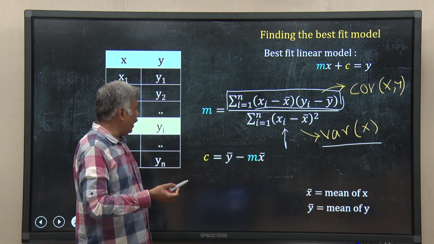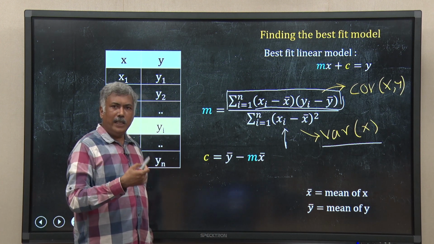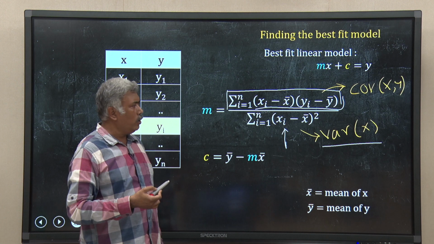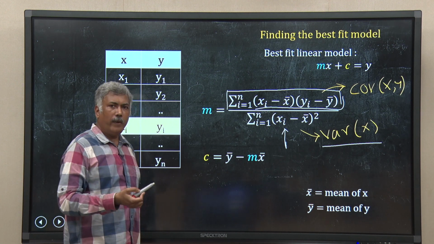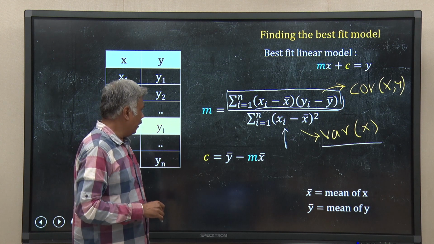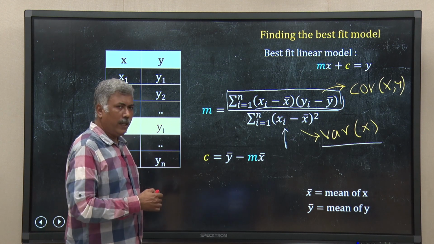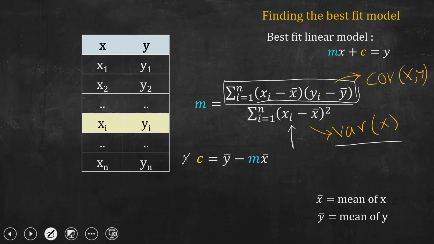So, I can say that m as per the least squares method is the covariance between the two variables divided by the variance of x. And once you have got m, obviously you can calculate c using this relationship.